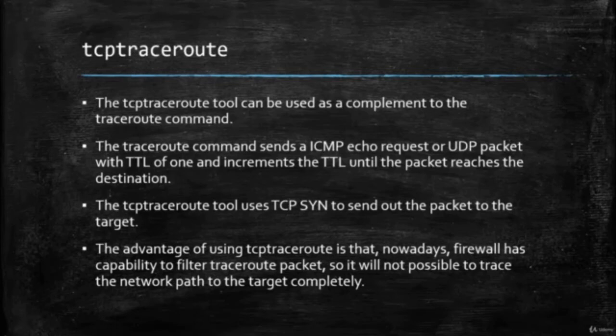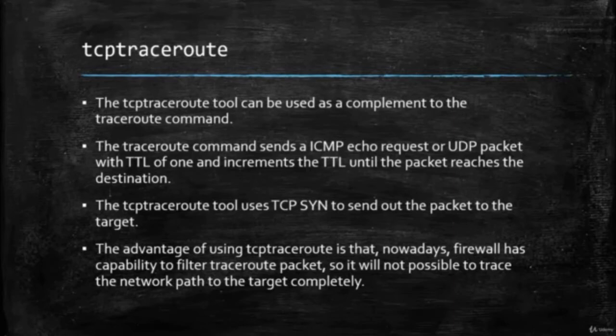The traceroute command sends an ICMP echo request or UDP packet with a time to live of 1 and increments the TTL until the packet reaches the destination. The TCP traceroute tool uses TCP SYN to send out the packet to the target.